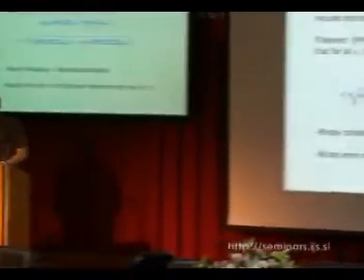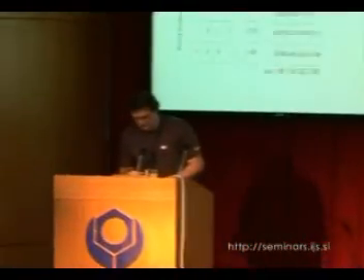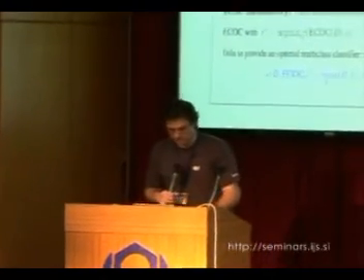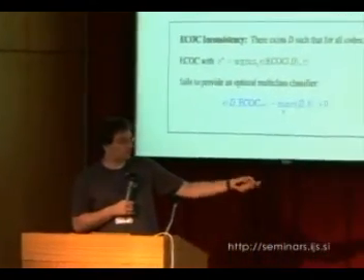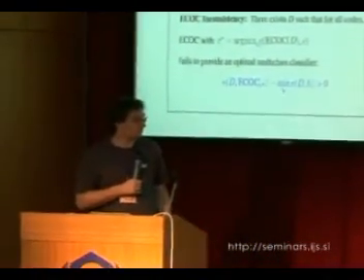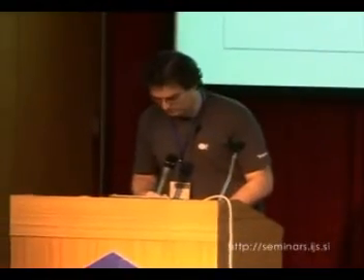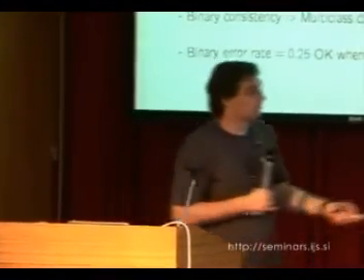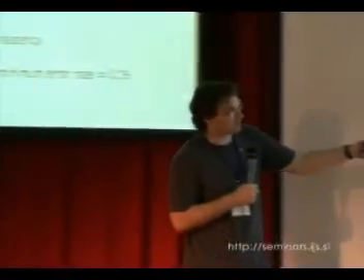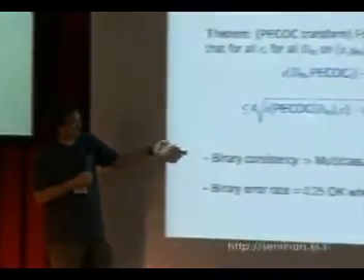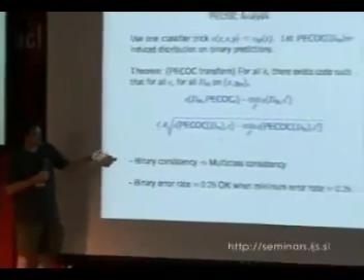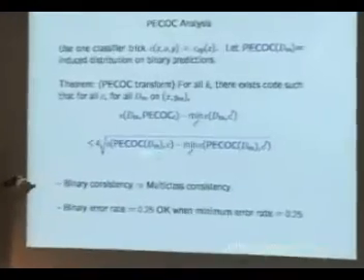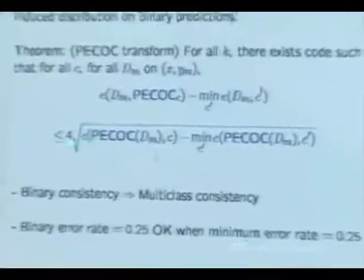So in particular, what that says, if you think about it, is that we can't be suffering this problem. Because if our binary classifier is perfect, this difference is 0. Square root of 0 is 0. 4 times 0 is 0.